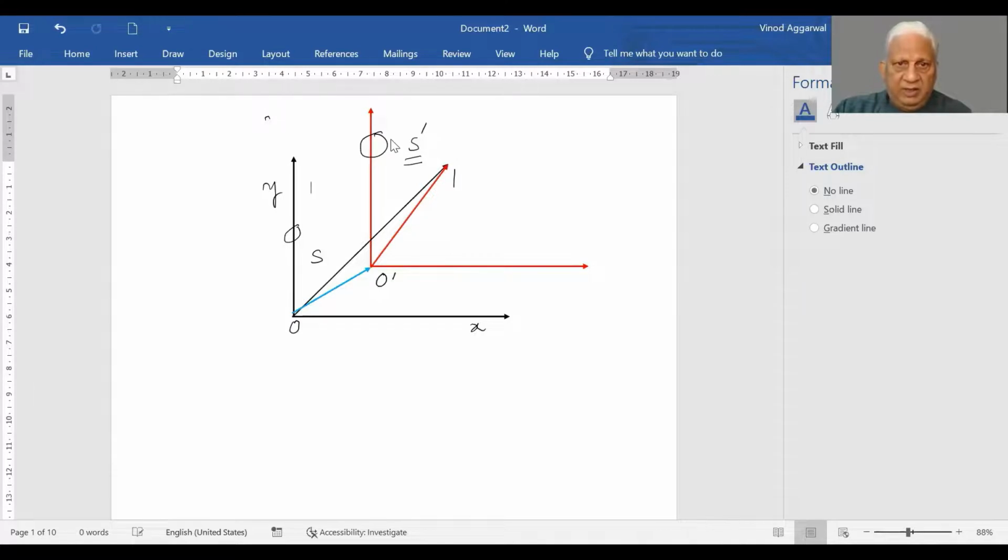Let us say there is a particle P here. Now particle P can be observed from this reference frame as well as this reference frame. If we observe from this frame of reference, its radius vector is this.